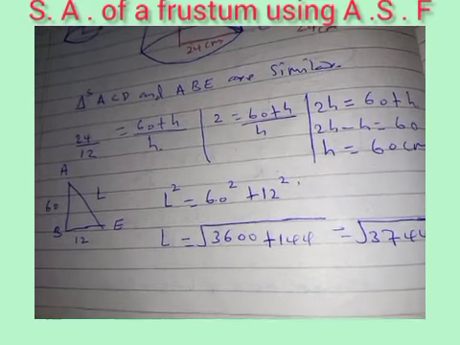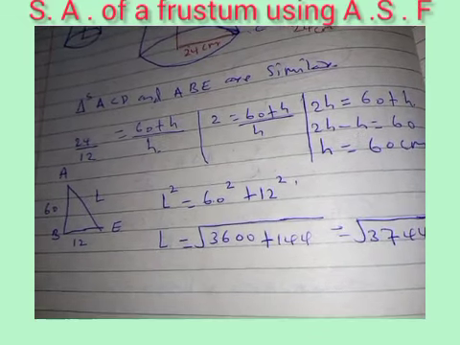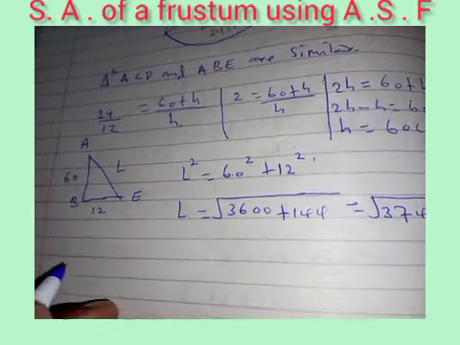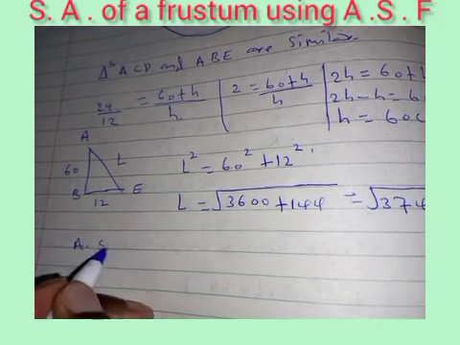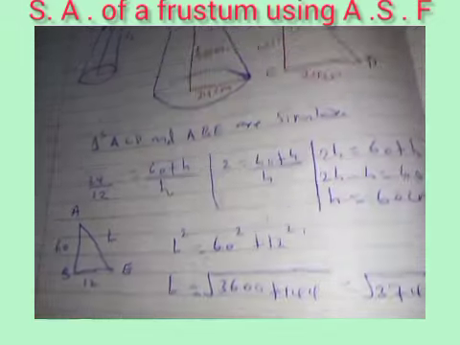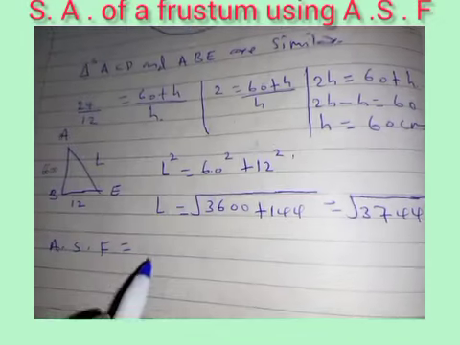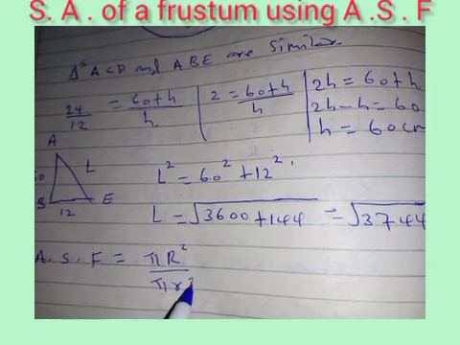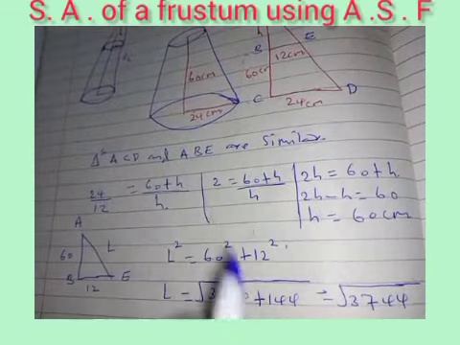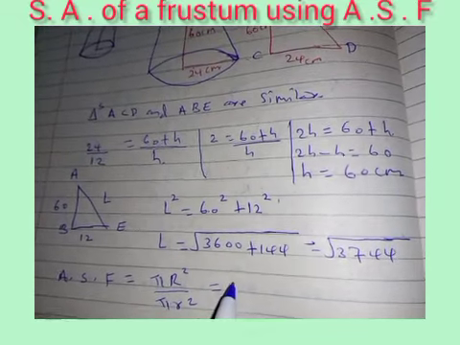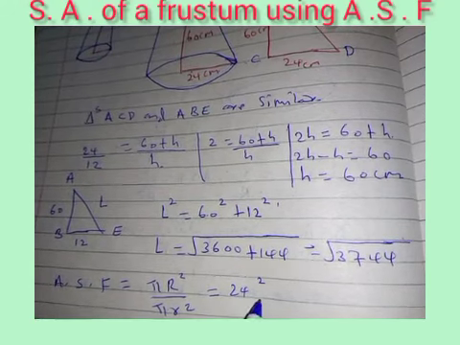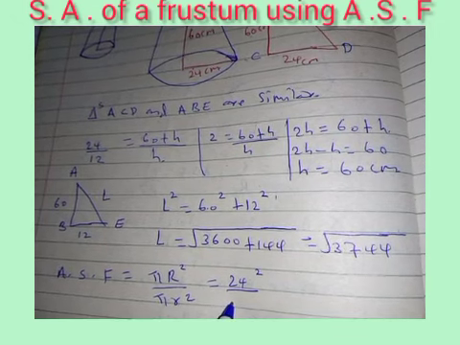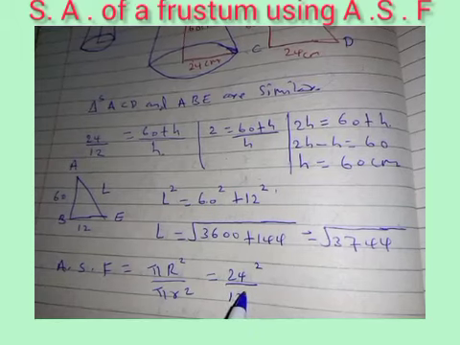So next, after you have obtained the small slant height, the next thing we are going to do is to get the area scale factor. Area scale factor can be given by the area of the larger one, pi r squared, divided by pi r squared, which is equal to the large circle, the bottom one, 24 squared divided by 12 squared.